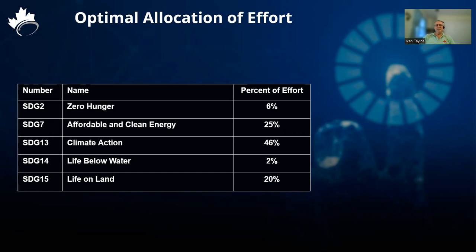So we would estimate that 46% of our effort would go towards climate action, and 25% of our effort would go towards affordable and clean energy, and then 20% of our effort would go to SDG 15, life on land.